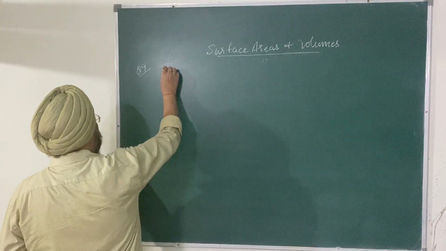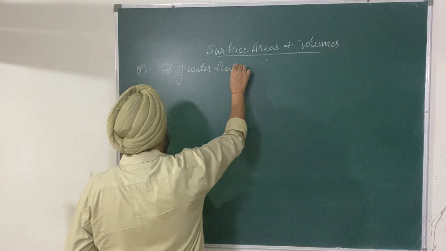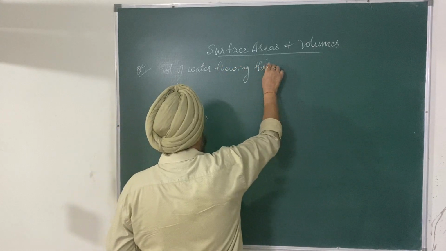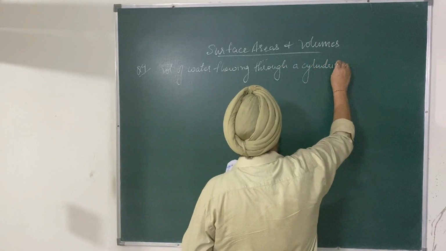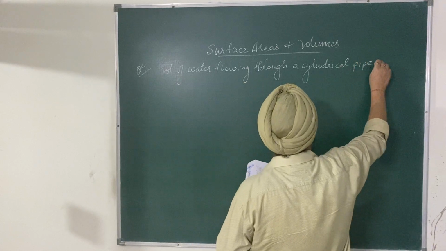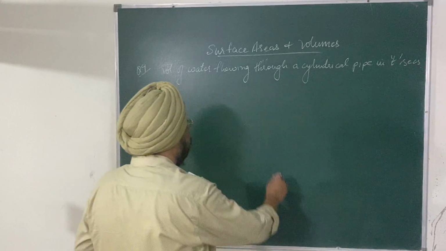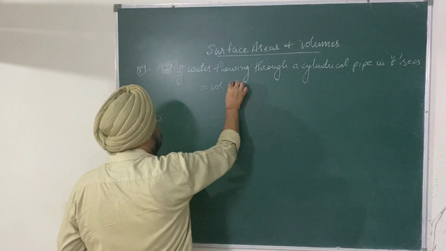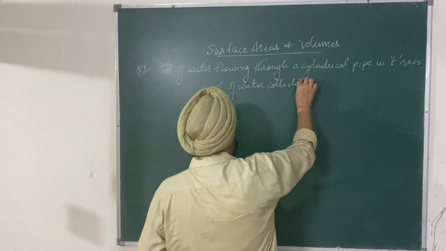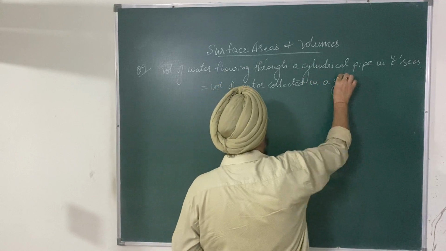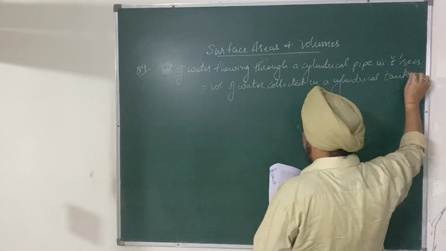So let us take the volume of water flowing through a cylindrical pipe in t seconds. Let us suppose the time is t seconds. This must be equal to the volume of water collected in a cylindrical tank in the same time.